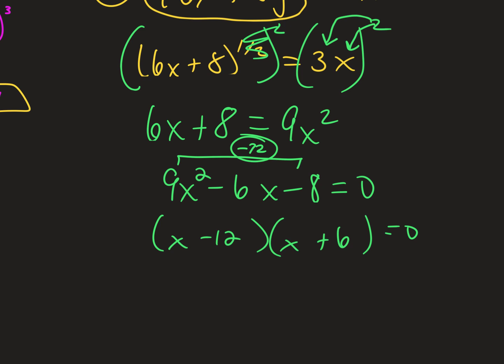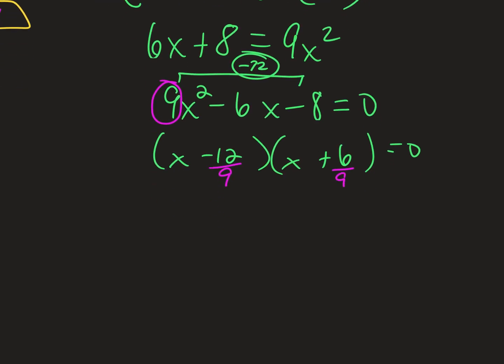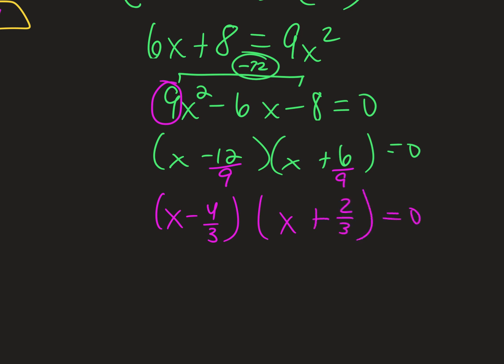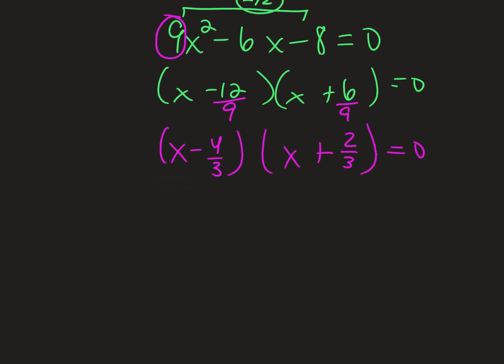Good. Again, I might do this differently than you do. Since your A term is not 1, you take this 9 and put it underneath both of these and simplify. So this becomes x minus what? 4 over 3? And this becomes x plus 2/3. Now if I solve these, I have x equals 4/3 and x equals negative 2/3.